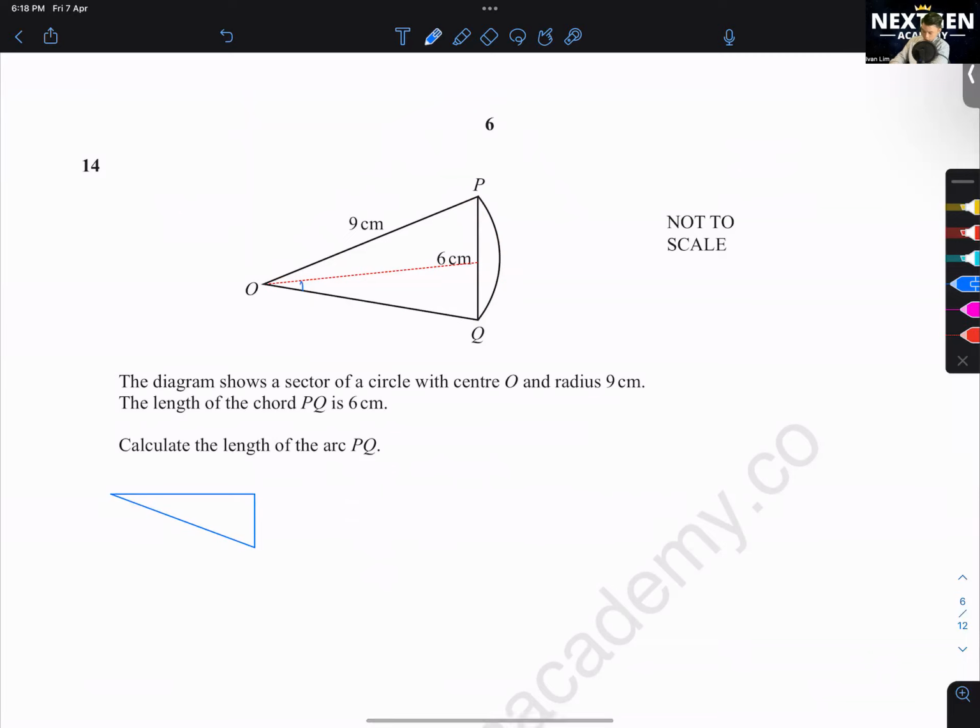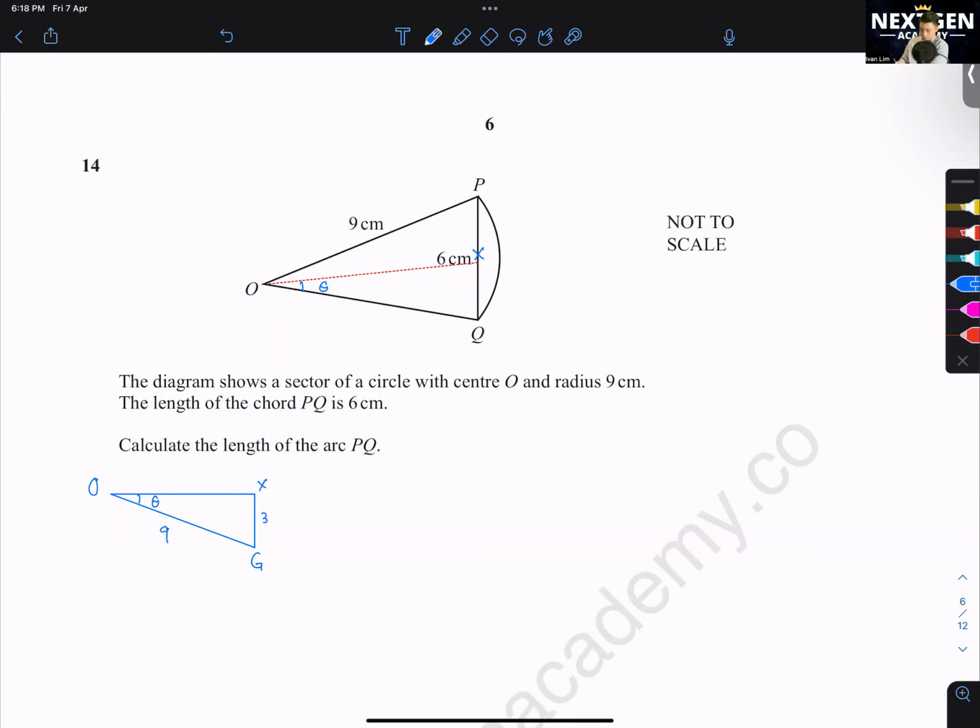Okay, so I'm gonna find this theta over here first. Let's just give this a name. I find angle XOQ first. Here, split into 2, so it will be 3. My radius is 9.